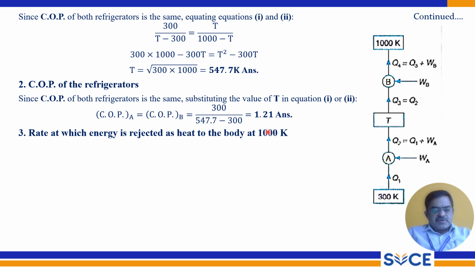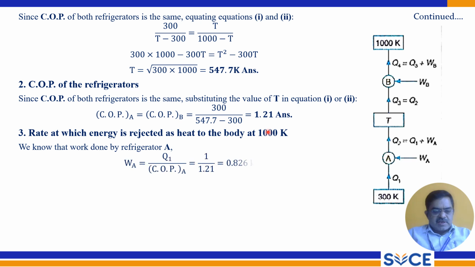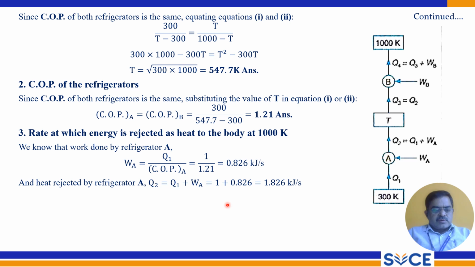The third part: the rate at which energy is rejected as heat by the body at 1000 degree Kelvin. We know that the work done by refrigerator A, WA, equals Q1 divided by COP of A. So COP of A equal to Q1 divided by WA. Rearranging, 1 divided by 1.21 is equal to 0.826 kilojoules per second. So Q2 can be calculated: Q1 plus WA equal to 1 plus 0.826, which becomes 1.826 kilojoules per second.